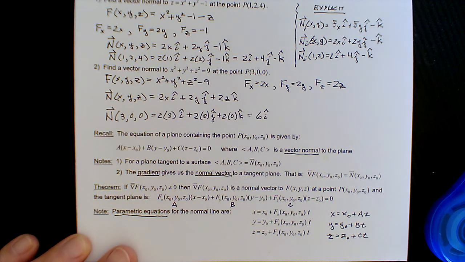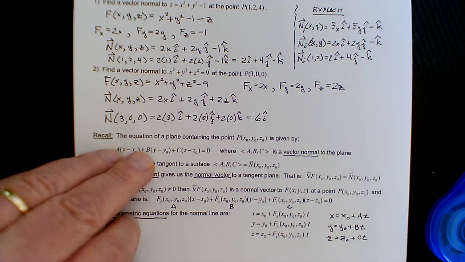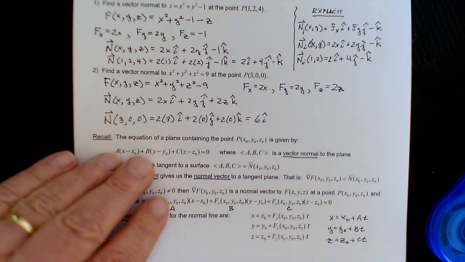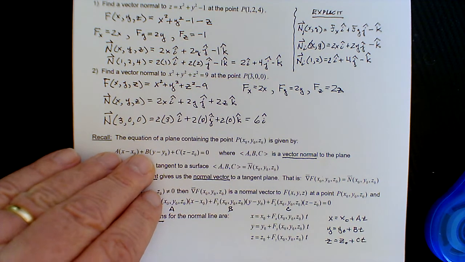So we don't have to be too formal with the functional notation and all, the x sub 0, y sub 0, z sub 0 thing. So let's look at an example.